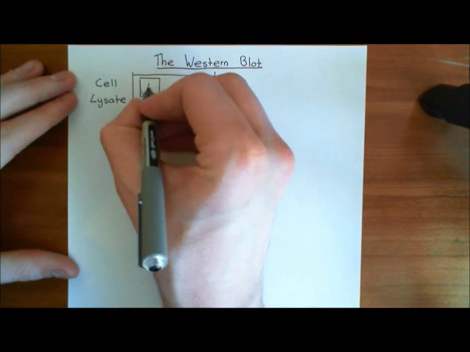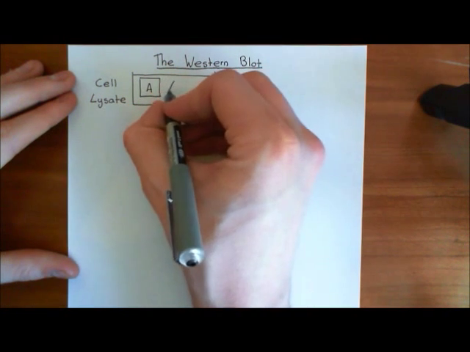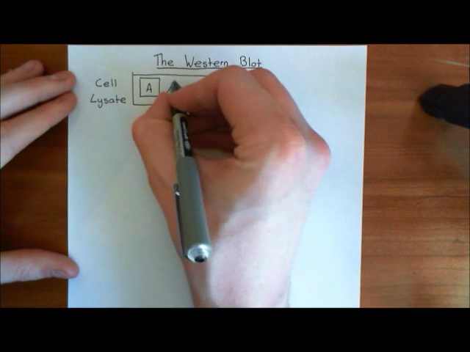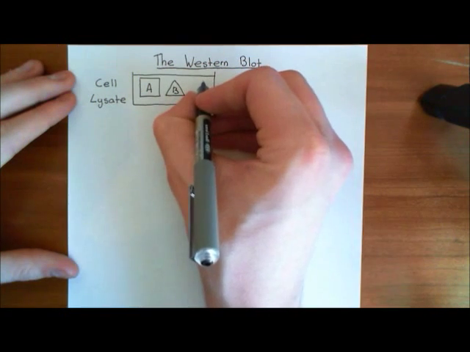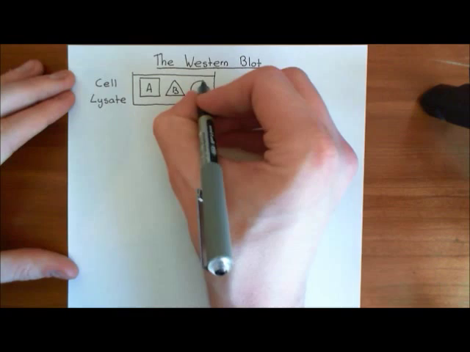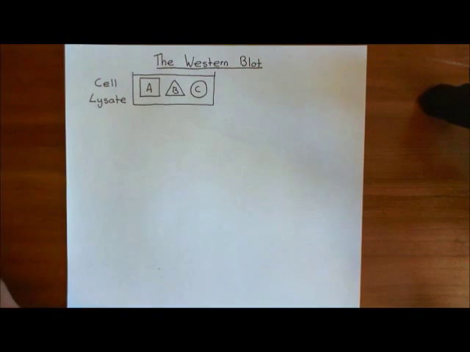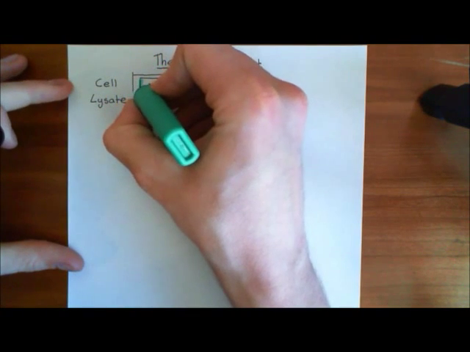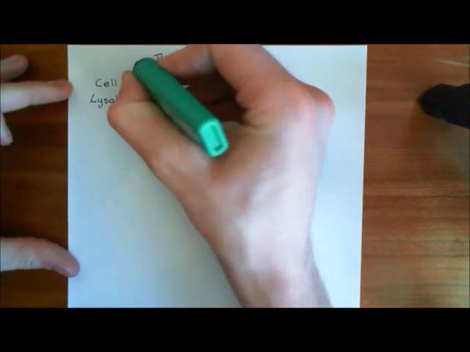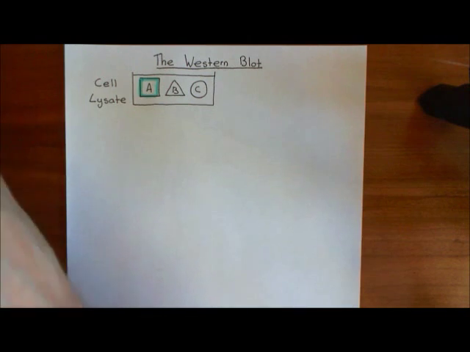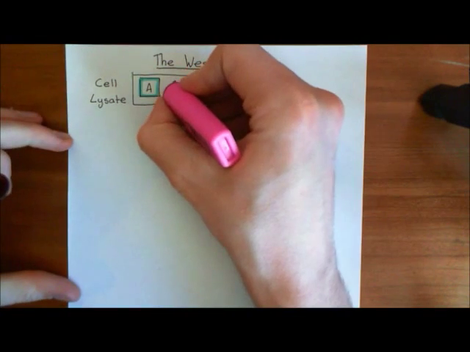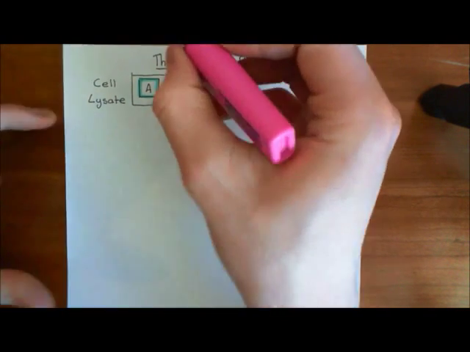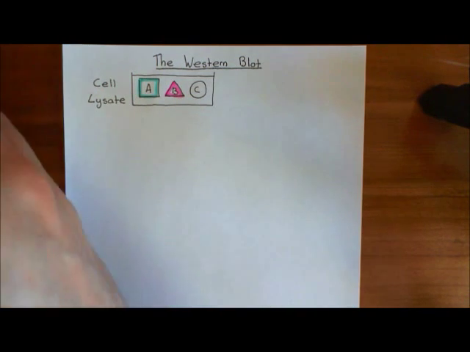Let's call this protein A. We'll have a triangle which can be protein B, and then we'll have a circle which can be protein C. So there are many different proteins present within this sample. Okay, so we'll colour in protein A in turquoise here, protein B in pink, and protein C in blue.